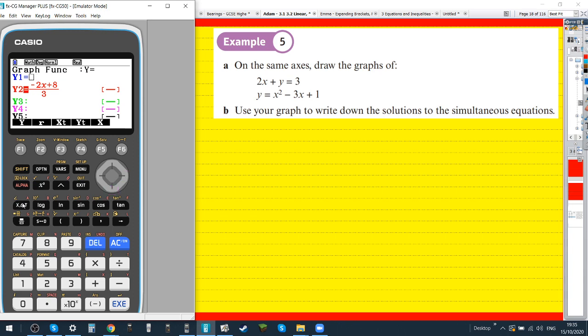So you just minus 2x from both sides? Yep, so it'd be y equals 3 minus 2x. This one is x squared minus 3x plus 1. And this time, how many solutions will we get?